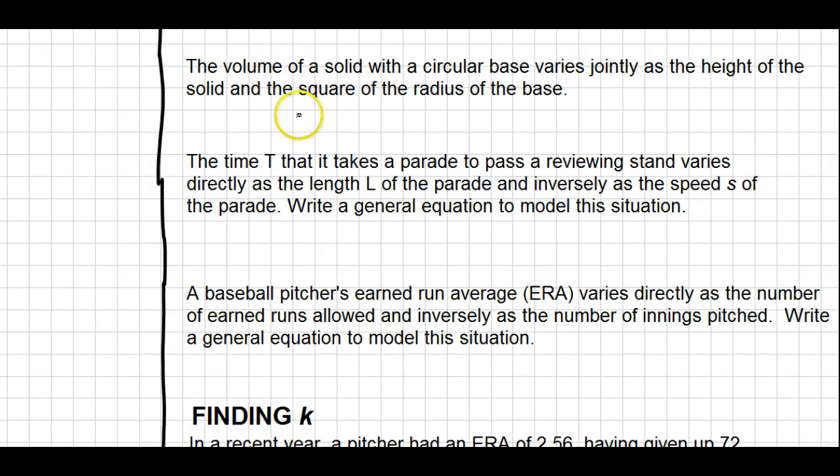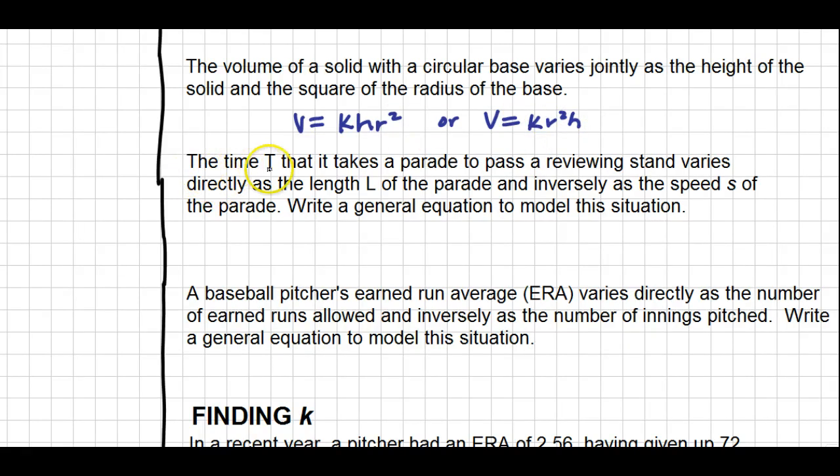So the volume is listed first, so I'm just going to simply call that V. And it varies jointly, so that means I know that I've got multiple direct variables going on, as the height of the solid, so I'm going to say k times h, and the square of the radius. That's also going to be direct, so I say times r squared. Keep in mind that the order of the variables doesn't matter, and if you choose other variables, that's also okay. So either one of those would be appropriate.